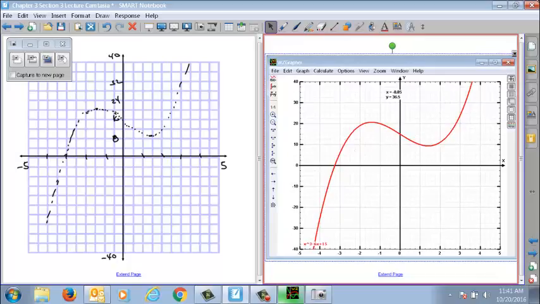So we can confirm that we got the right answer. Here's negative the square root of 2, slightly more than 20, so that was the maximum. This is the minimum. You see we have a y-intercept here, and one x-intercept, which is close to -3, which is what I came up with. So that worked out pretty good.